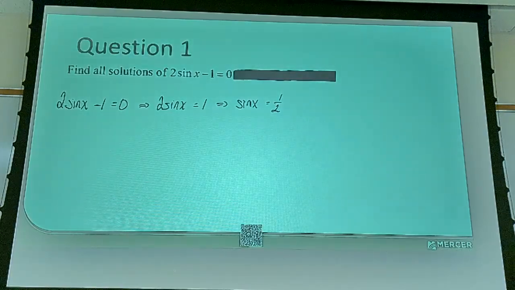Here is where things change. Let's say that was e to the x equals a half. How would you find x?